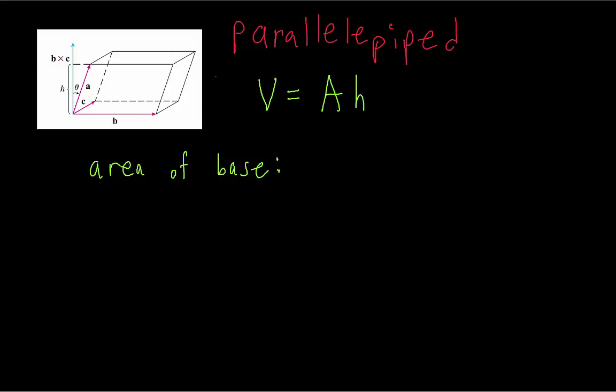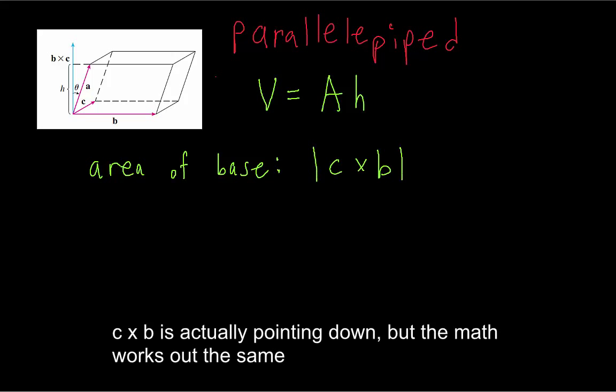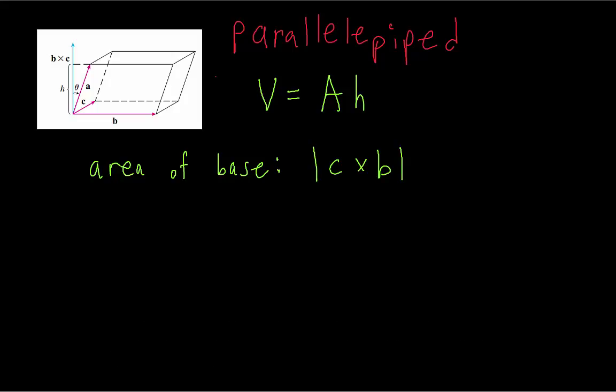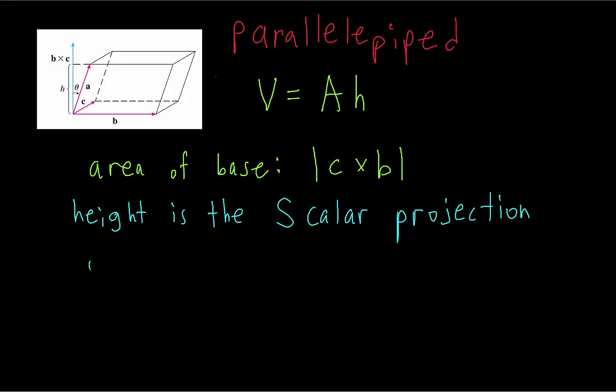So that means the area of the base of this shape is going to be the magnitude of the cross product of C and B. And so if you look at the diagram, you can see that the height of the shape is going to be the scalar projection of A onto their cross product. The actual vector cross product, not just its magnitude. Because remember, the cross product is always perpendicular to both C and B. So it's going to be pointing straight upwards.